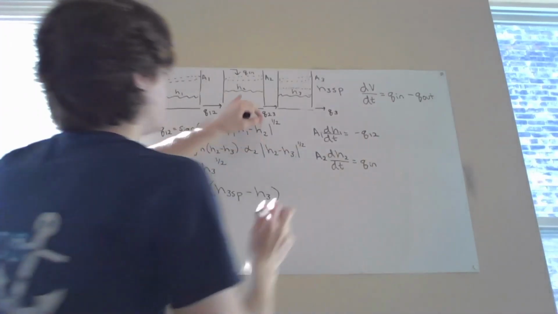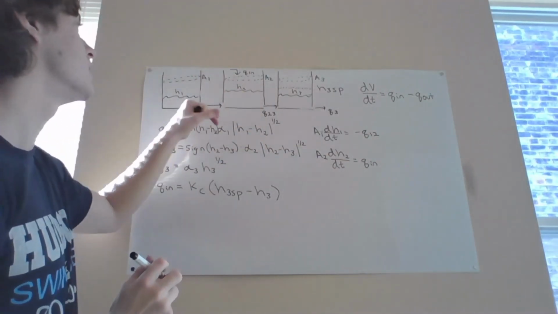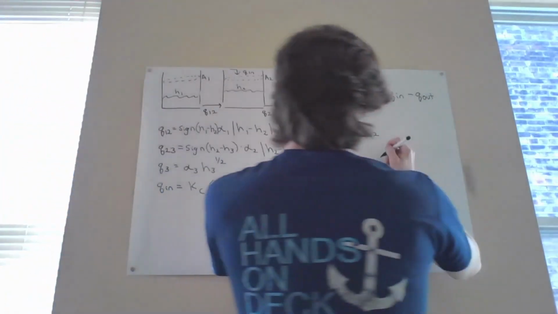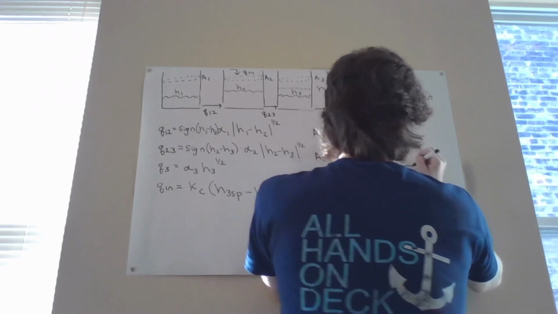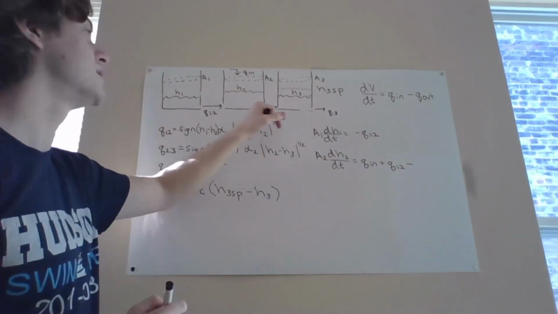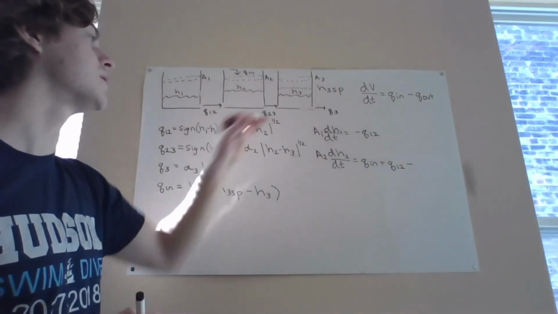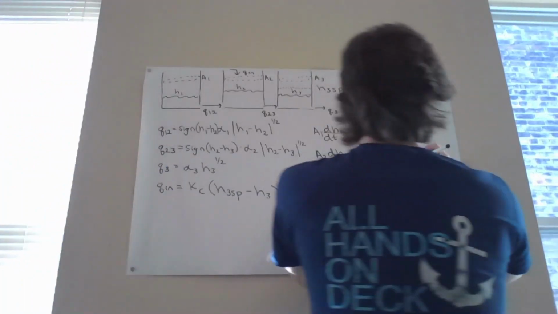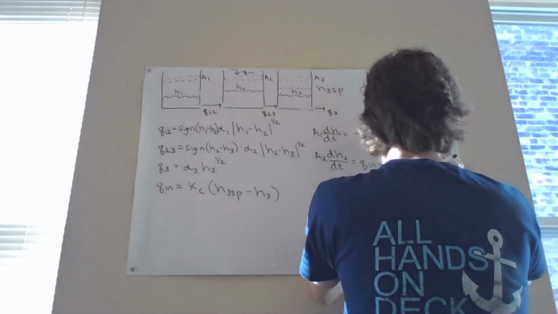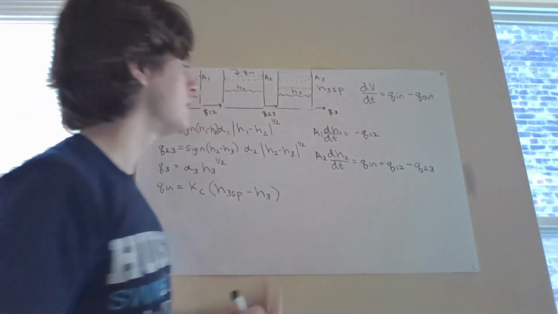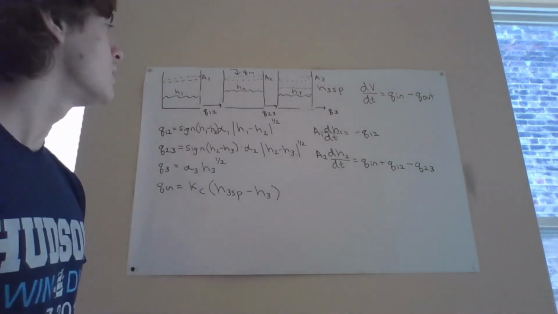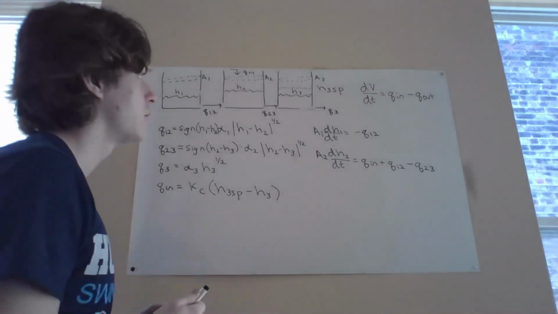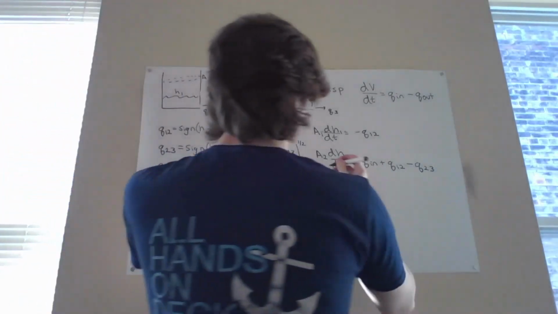We will also have the flow rate from tank 1 coming in, so the flow rate between tanks 1 and 2 will also be going into tank 2. And then we'll have the flow rate between tank 2 and 3 going out of tank 2. So we'll subtract that. Here is our equation for tank 2. Now we need to write the equation for tank 3.